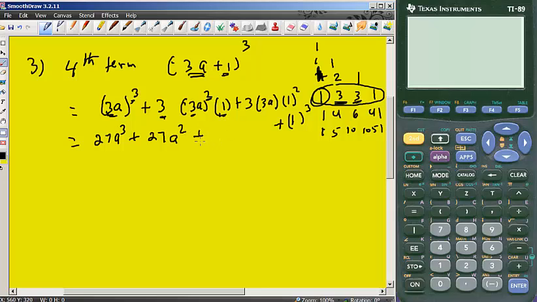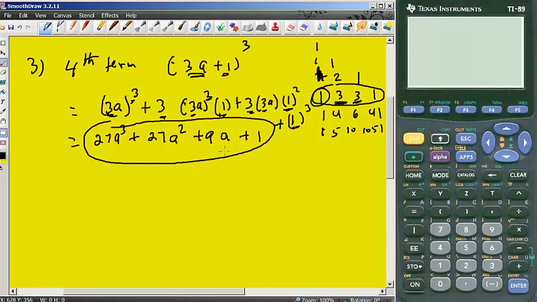Plus 3 times 3 is 9a, and then times 1, and then plus 1 to the 3rd is 1, and that is the expansion. So, what is the 4th term? Well, that's the 1st term, 2nd term, 3rd term, 4th term. And there it is. That's the 4th term.